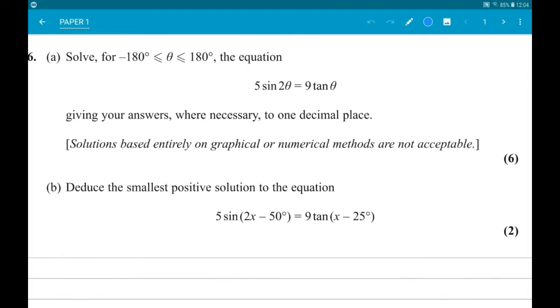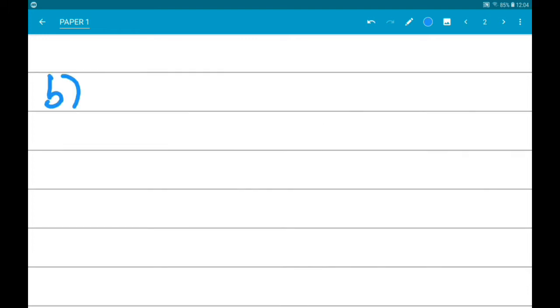So what we're going to be doing is setting x minus 25 equal to one of our values from part A. Now, if we set it equal to minus 161.6, we're still going to get a negative for x.